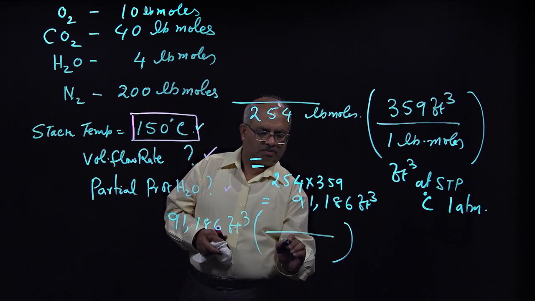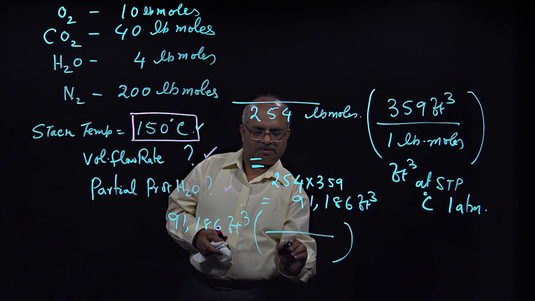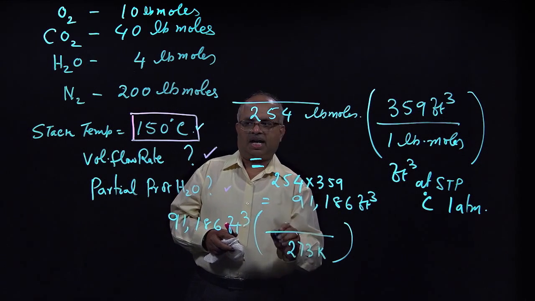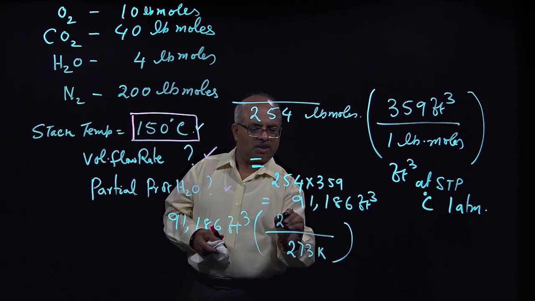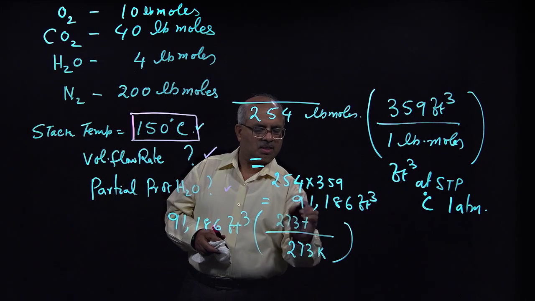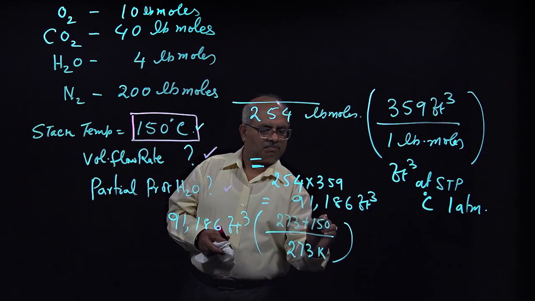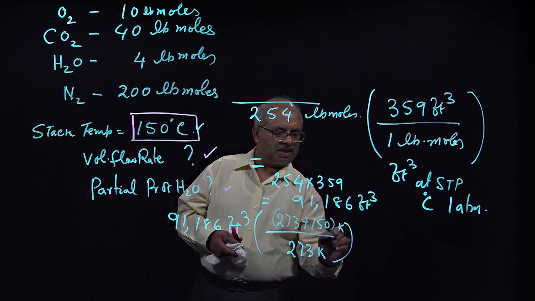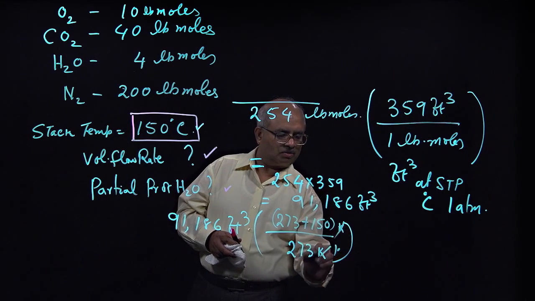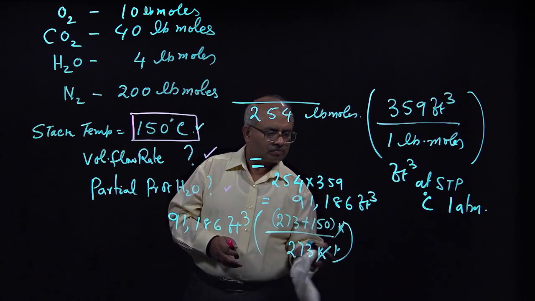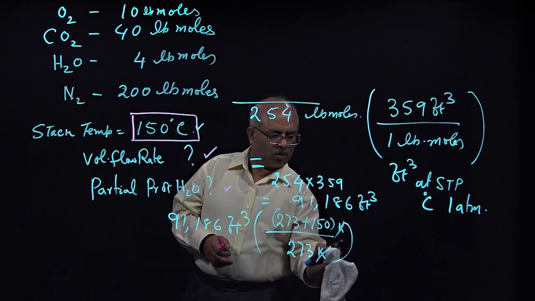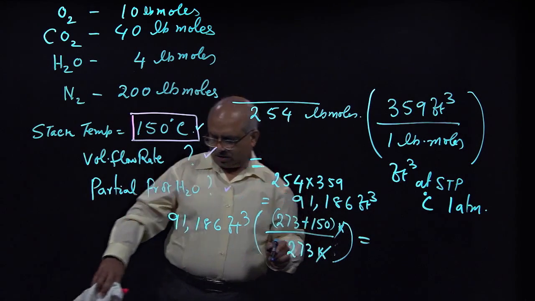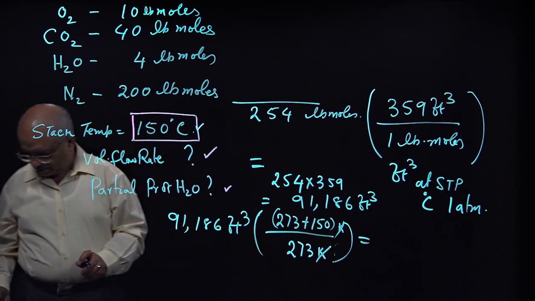So we have 273 Kelvin, and now we are going to 273 plus 150. Both are in Kelvin, so the units cancel, and you get the volume at 150 degrees Celsius. So this would be 423 divided by 273.